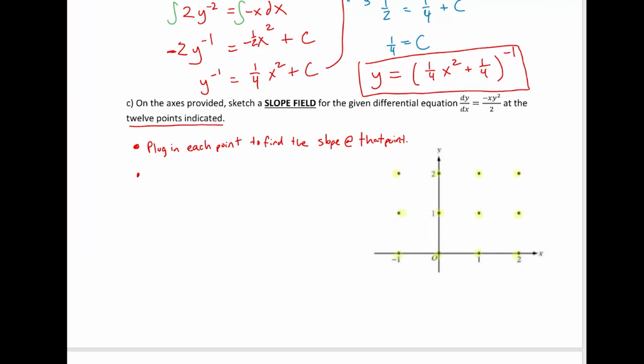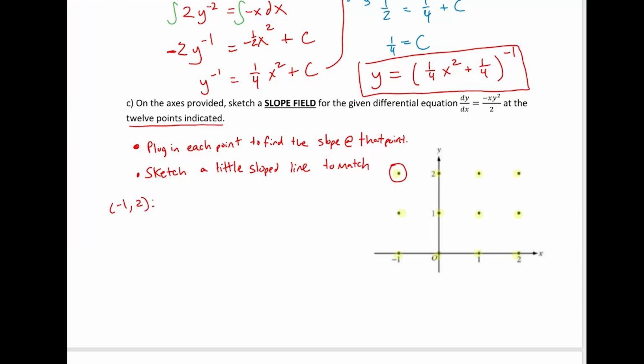Then we're going to sketch a little sloped line to match the slope that we found. If you have 12 points here, let's break down where these points are. Starting with the top left, that's going to be -1, 2, right?